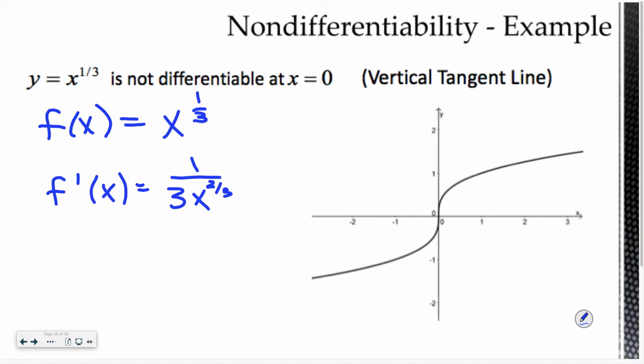Not that you care, but it is. Well, where's our denominator 0 here? At 0. So in our derivative, we can't have a value at 0. If we have a vertical tangent line, our derivative isn't going to exist there. Okay.